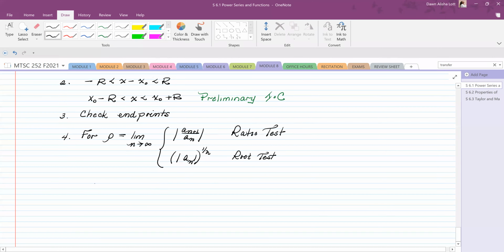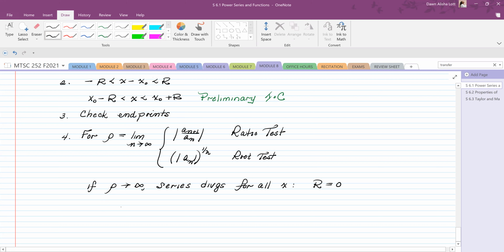If rho goes to infinity, then the series diverges for all x, and your radius of convergence will be 0.